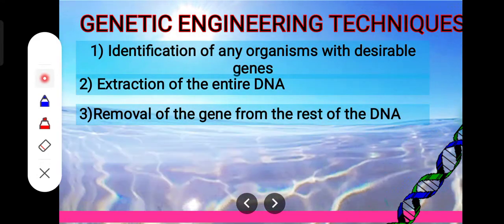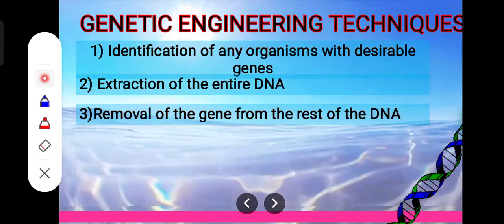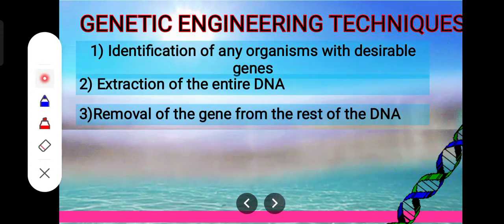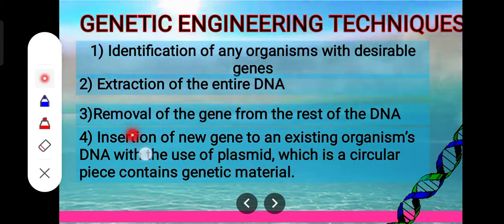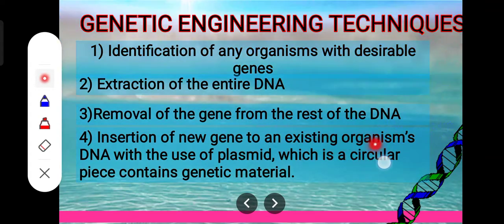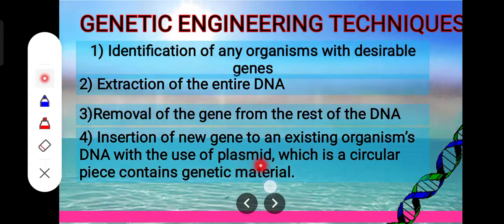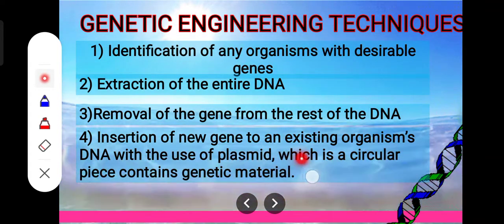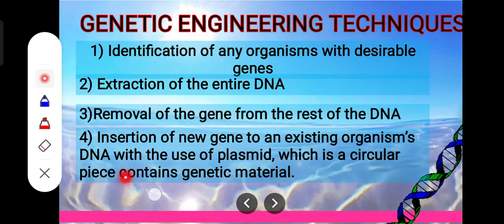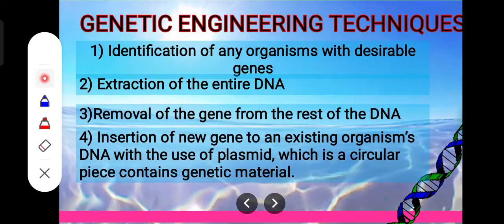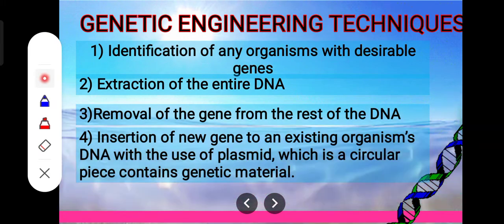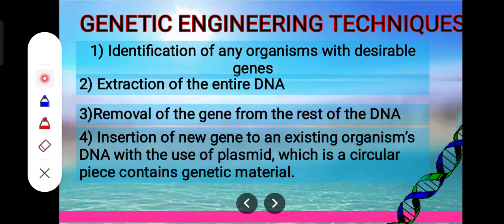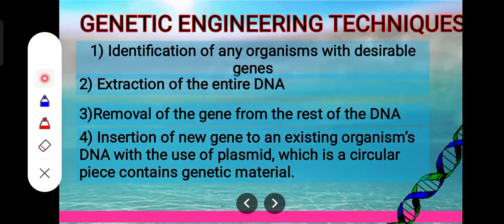Third, removal of the gene from the rest of the DNA. And the last step is the insertion of the new gene into an existing organism's DNA with the use of a plasmid, which is a circular piece that contains the genetic material or the DNA. Those are the different genetic engineering techniques.